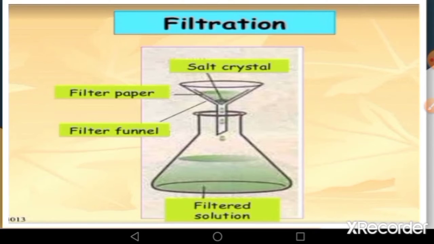For example, sand and water can be separated by filtration. When you pour the mixture of sand and water through filter paper, water will pass through that and sand will remain on filter paper only, and you can get clear water easily.